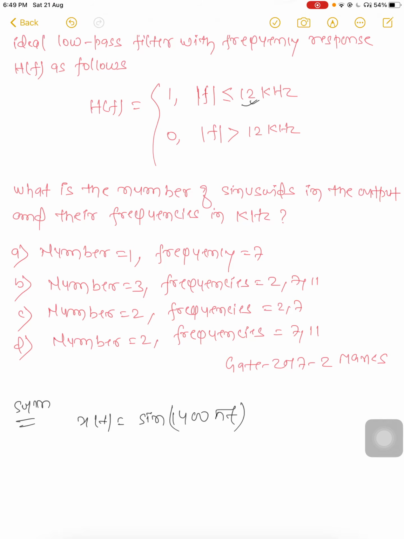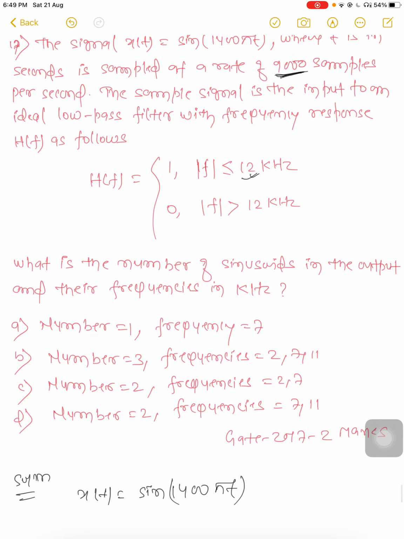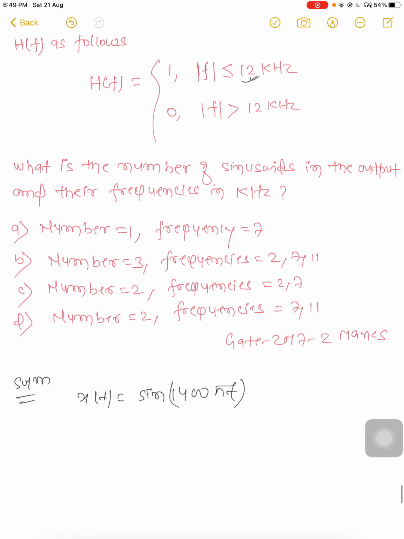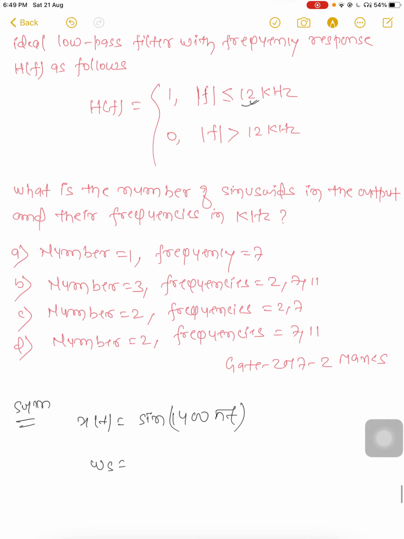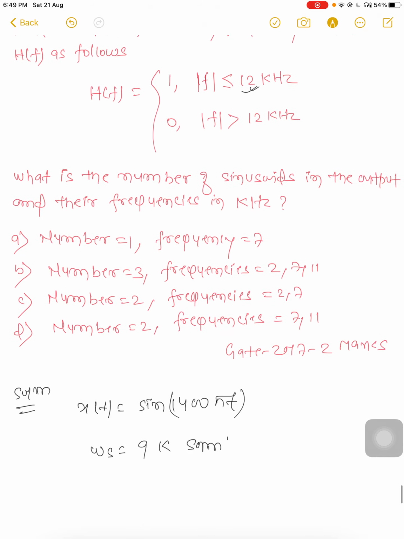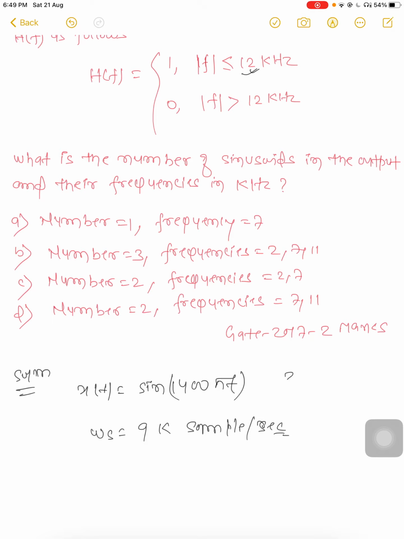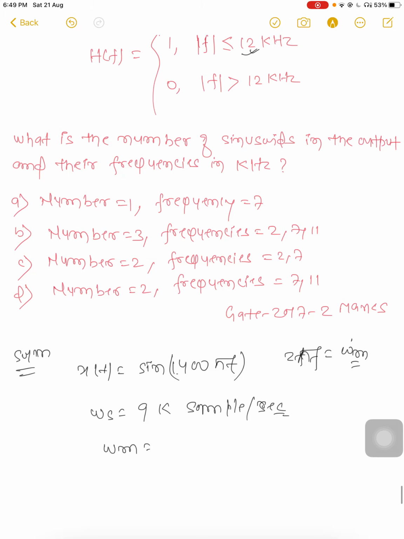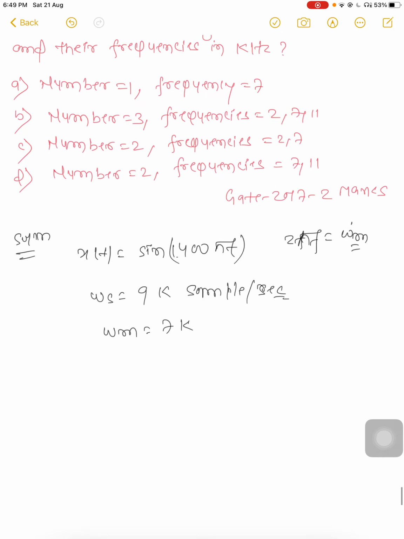Here omega s is equal to 9 kilo, that is 9 kilo samples per second. From omega equal to 2 pi f, omega m gives fm equal to 7 kilohertz.